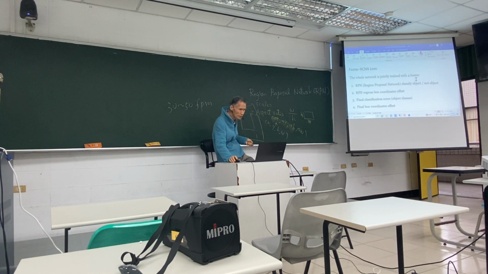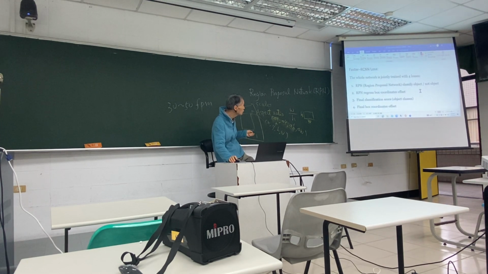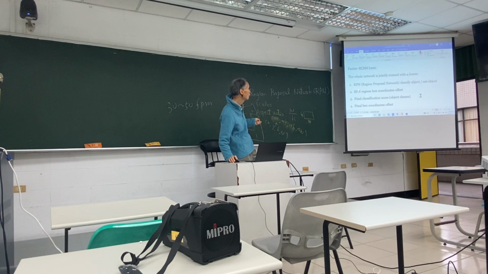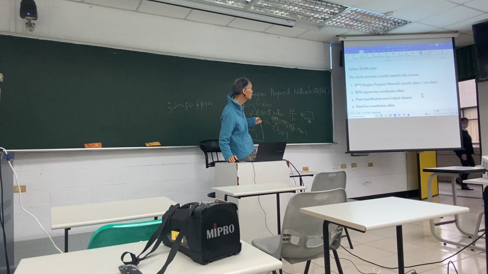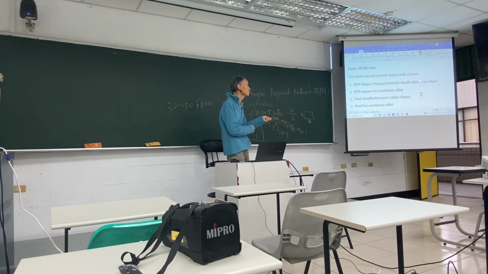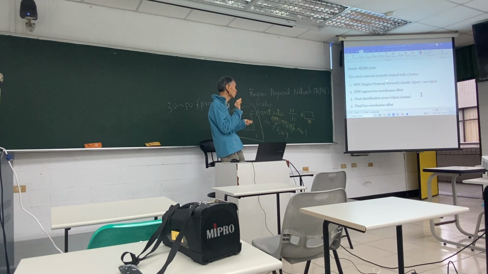And the Faster RCNN loss function includes the following 4 terms. First is for the RPN, the region proposal network, which does binary classification to be object or non-object. That is the very first term of the loss function.